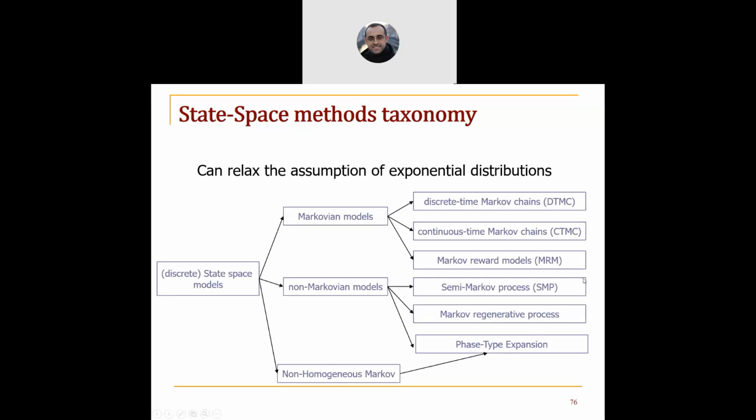In the new book, the green book with Andrea Bobbio, there is a separate chapter on semi-Markov and Markov regenerative process. There's a separate chapter on phase type expansion. There's a separate chapter on non-homogeneous Markov chains. And of course, there are several chapters on continuous time Markov chains and Markov reward models.